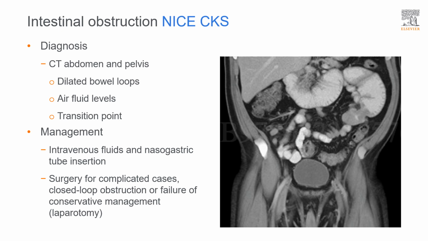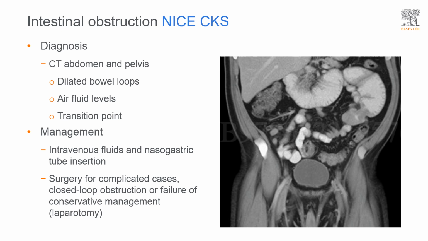The management of bowel obstruction includes intravenous fluids and nasogastric tube insertion to decompress the bowel. Conservative management is often appropriate in the first instance and may be trialled for up to 72 hours. However, surgery can be used in complicated cases or where there is a failure of non-operative management.